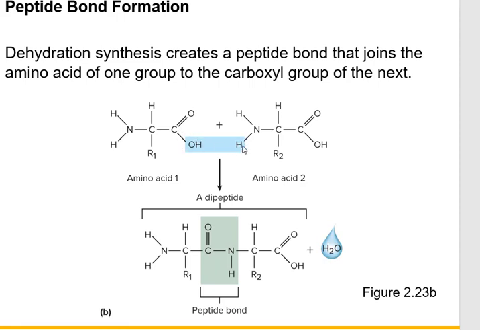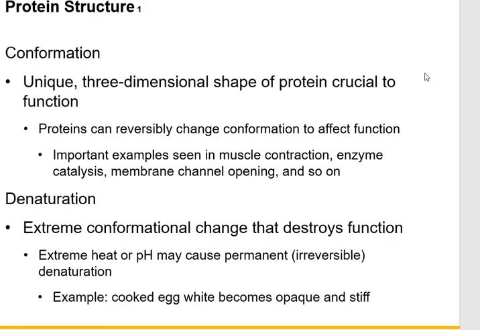You take the OH off of the carboxyl group, you take the hydrogen off of the amino group, away goes your water, and now you have these two amino acids joined together. And there goes your water. So this is a covalent bond. Right there, sharing of electrons. But here, remember the word peptide bond instead of just covalent bond. It's still just a covalent bond, though.